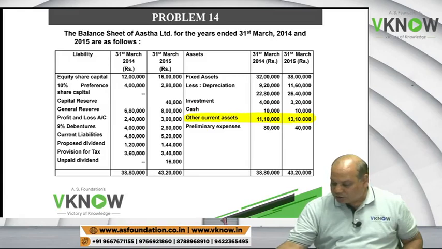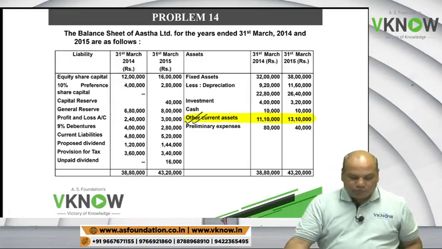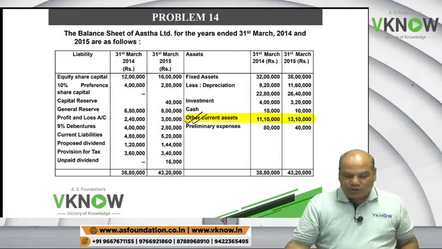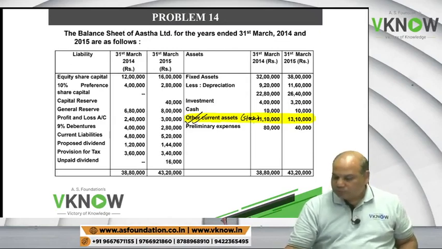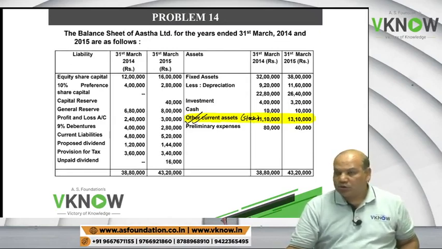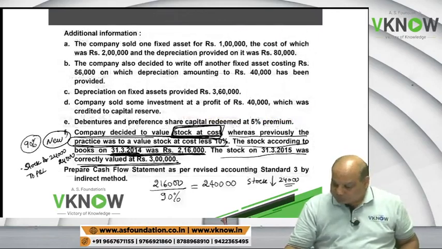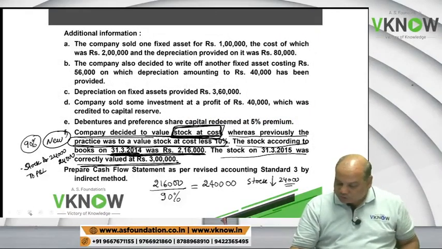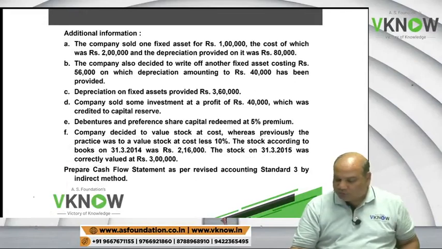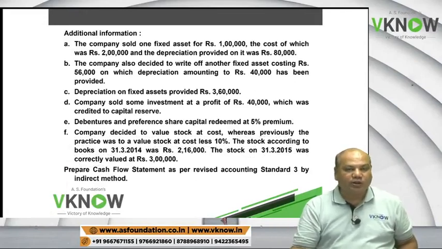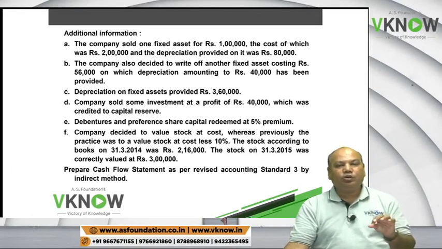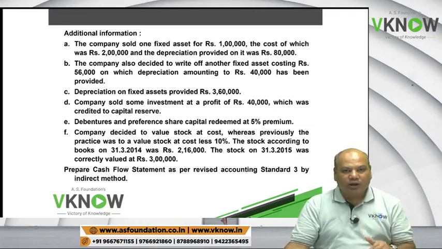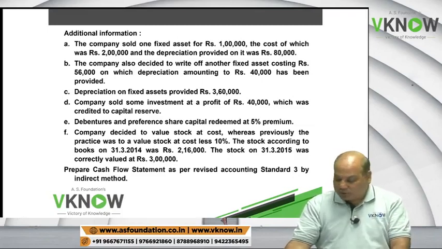Tick mark other current asset, as it has the stock related adjustment. Other items can't include stock, but this includes stock. This is a new adjustment, and we'll have to rectify the opening figure of other current asset, and also make the adjustment.